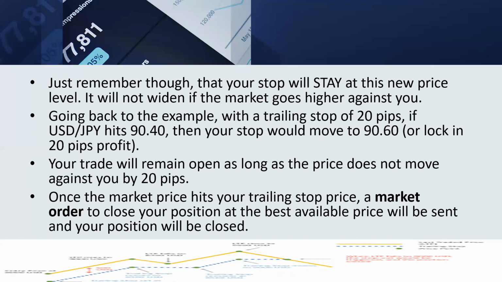That is, once you have the USD JPY at 90.40, your stop would move to 90.60. Then your trade will remain open as long as the price does not move against you by 20 pips. Once the market hits your trailing stop price, you will be out of the market. That position will be closed.